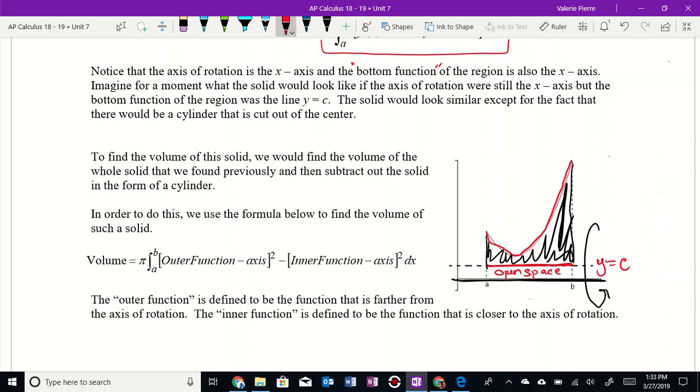So I'm just going to draw a smaller cylinder over here. Then in the center of that cylinder, that open space will create a hole. So this was open space, and that open space creates a hole in our cylinder. So instead of having a regular cylinder, now we have what some people call a washer.